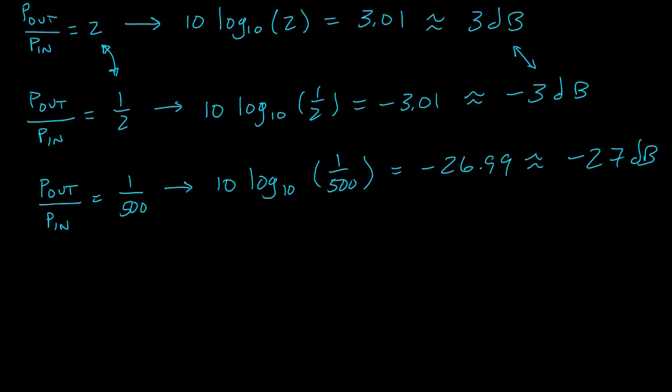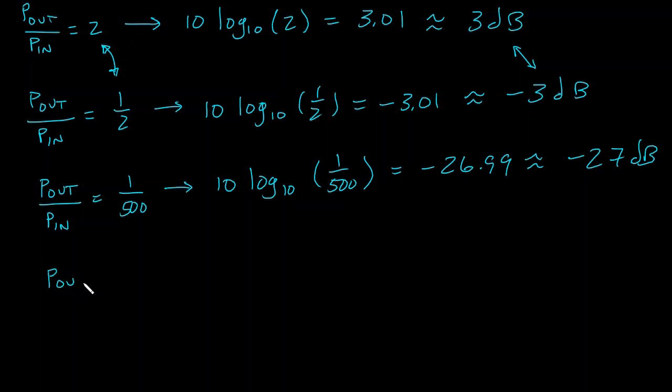And what about, can we get to negative infinity dB? Well, the answer is no. If the output over the input power keeps getting smaller and smaller and smaller, what we can't deal with is this.